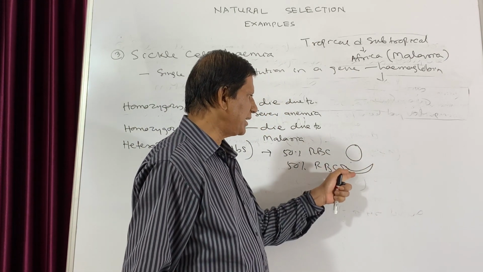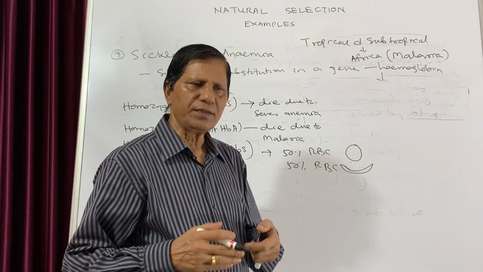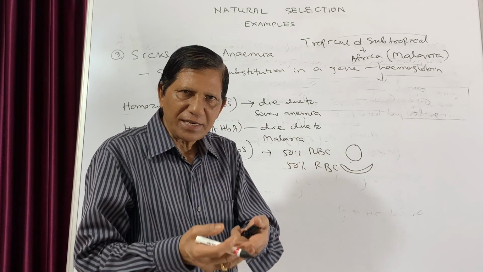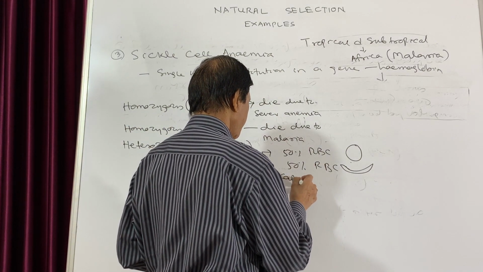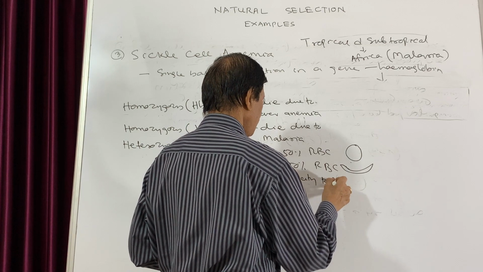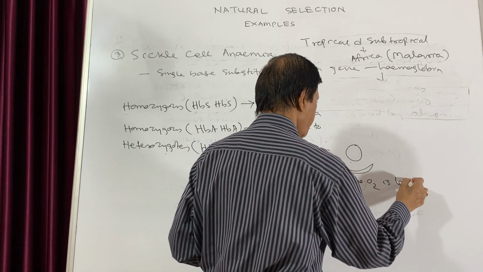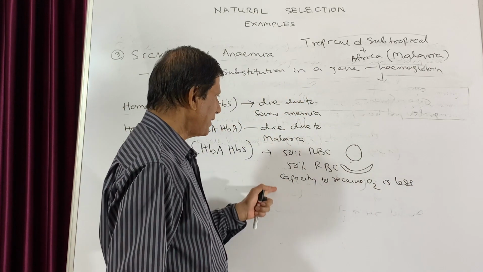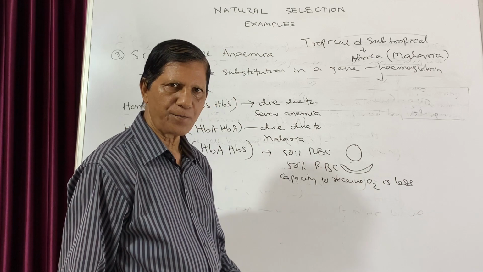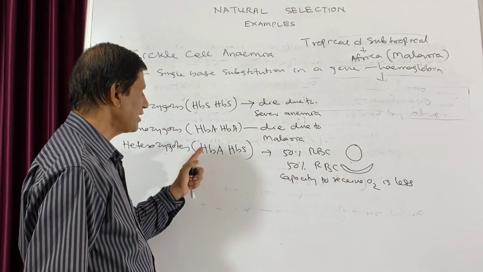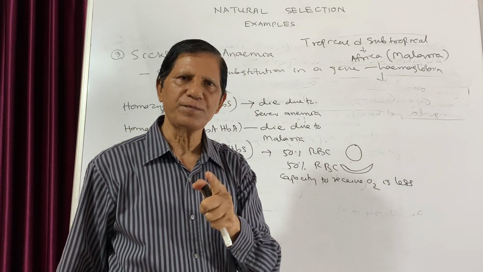So since these are destroyed, their capacity to receive oxygen is less. So if their capacity to receive or utilize oxygen is less, why are these persons surviving in the tropical, subtropical areas of Africa? That is the question.